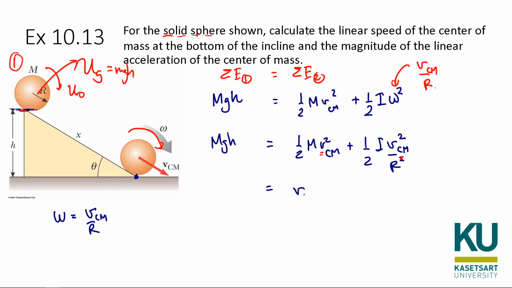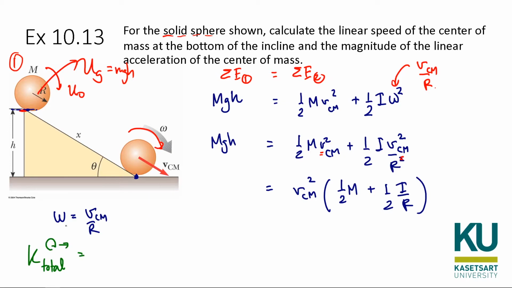So you can have the total kinetic energy of both rotation and translation in terms of 1/2 something times v_cm squared.